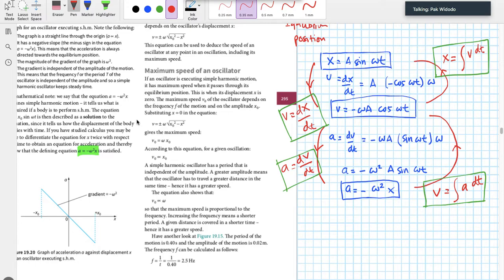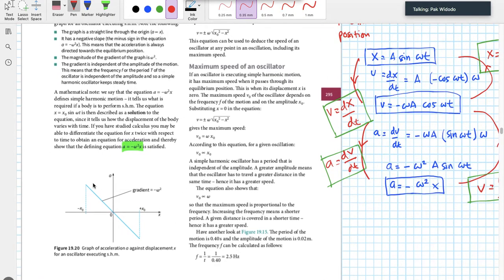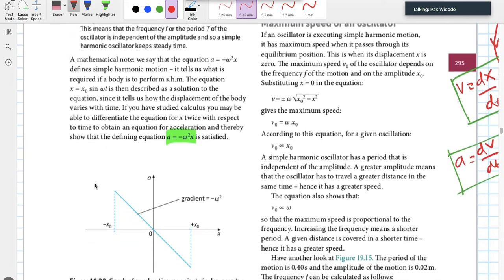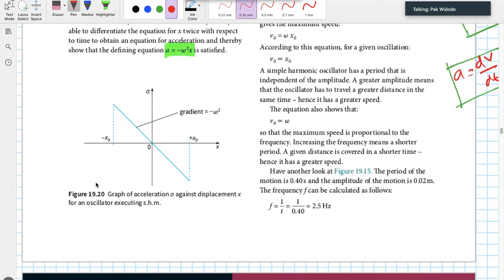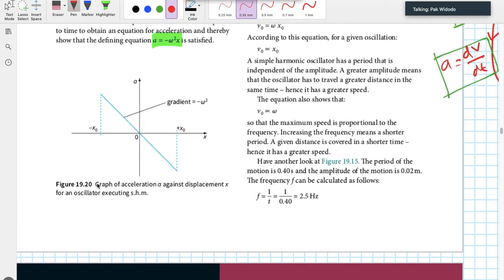Okay, I think that's enough. Then we have a graph. I zoom in first on the graph of the relationship between a and x. You may see this: on the y axis is acceleration, and on the x axis is x.